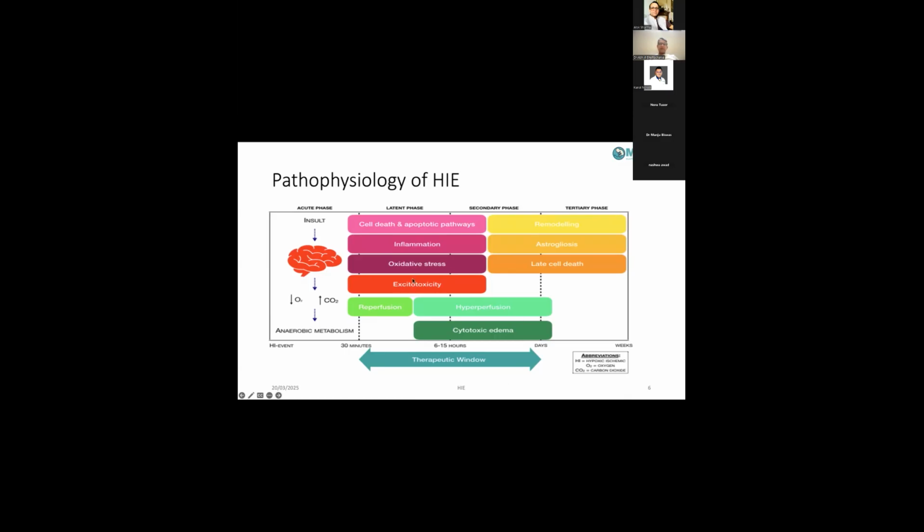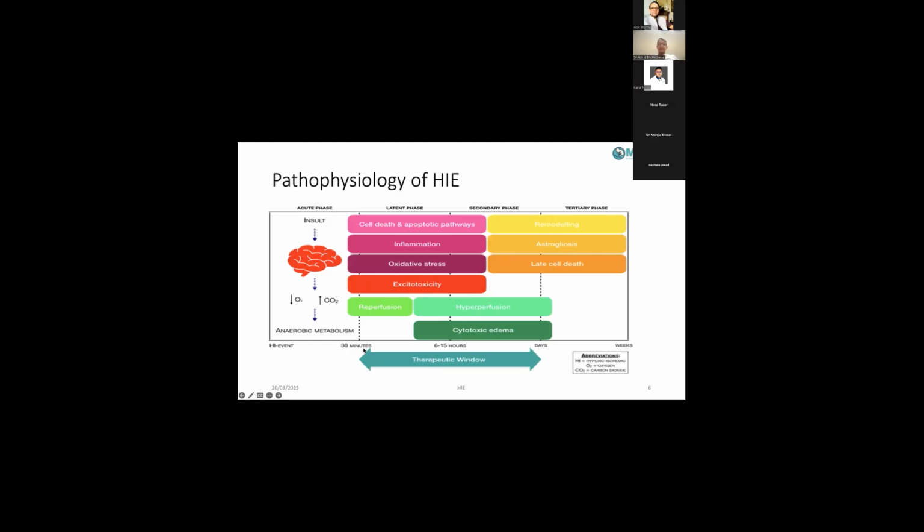We have a therapeutic window in the latent and the secondary phase, where there is cell death, apoptosis, inflammation and oxidative stress, and then a reperfusion happens, which leads to reperfusion injury, which basically leads to cytotoxic edema. All of this contributes to what kind of image you are going to see on cranial ultrasound.